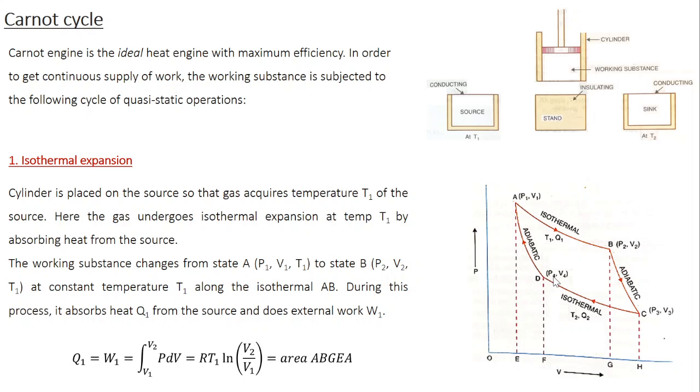So pressure increases from P4 to P1, and what happens to the temperature? Since the stand is insulating, there is no heat exchange. So when the gas is compressed, the temperature increases, from T2 to the original value T1. So this is known as adiabatic compression.